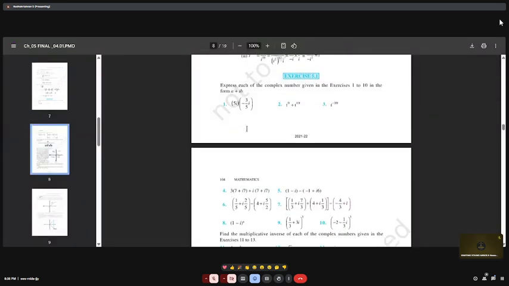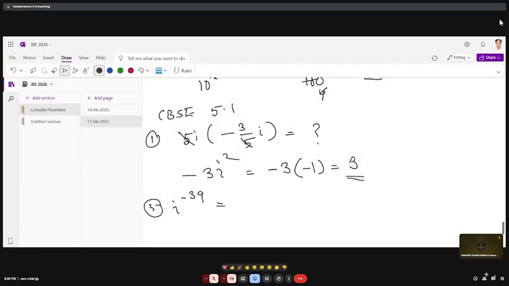Okay. Let's do problem number 3. I think it's similar to problem number 2 we did in the beginning, right? So I want to try another problem. Problem number 3. i power minus 39. Please do that and show me. So what is i power minus 39?